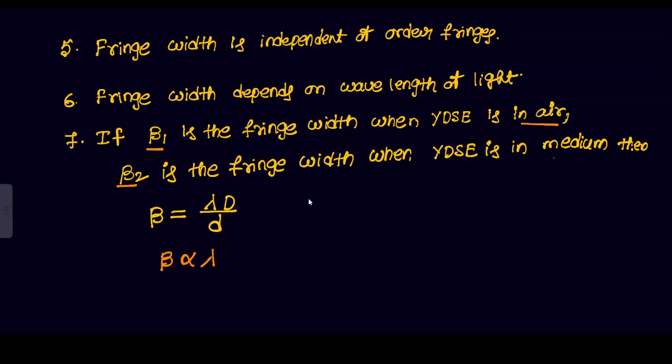That means lambda 1 is greater than lambda 2, then obviously beta 1 is greater than beta 2. Okay, so in air the fringe width is more.